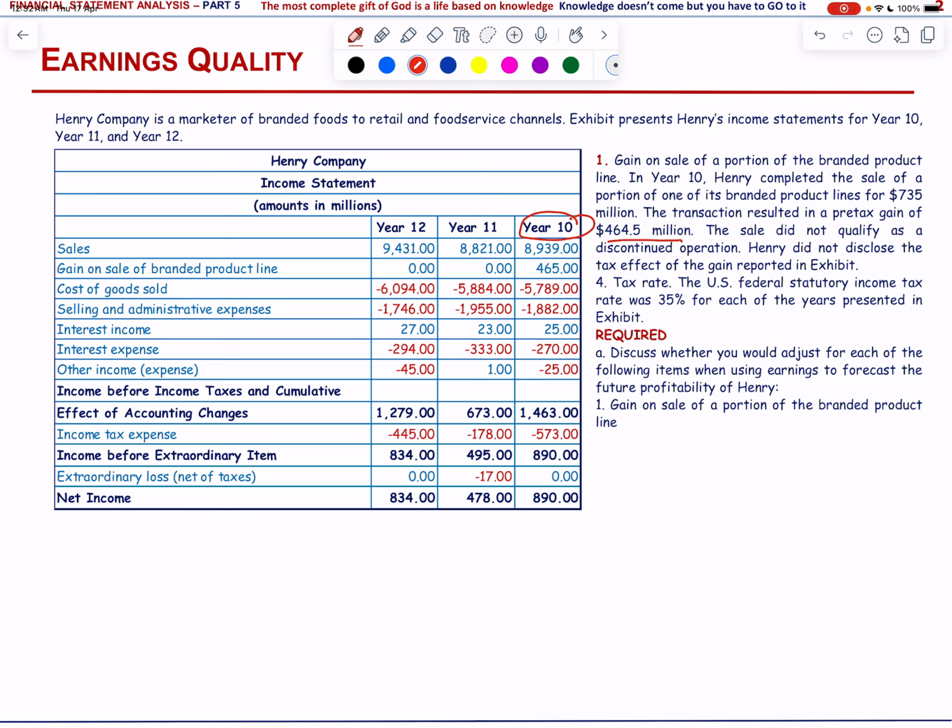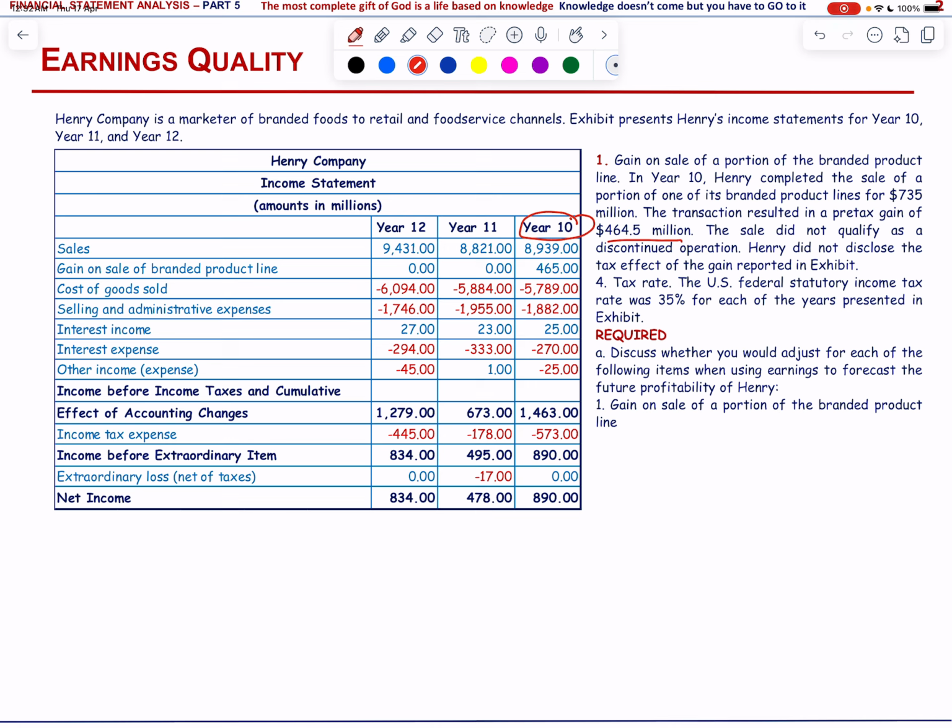So even though it was included in the net income and not classified as a discontinued operation, for forecasting purposes we are primarily concerned with sustainable operating earnings. So we are going to exclude this gain when forecasting the future earnings.